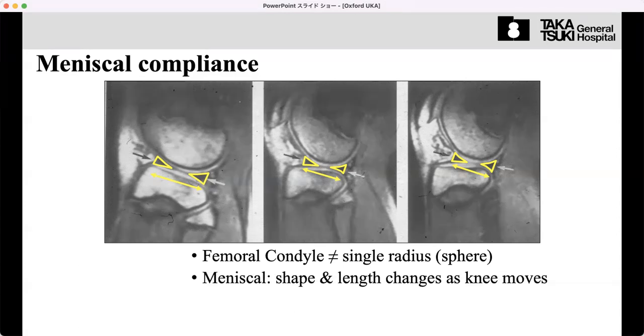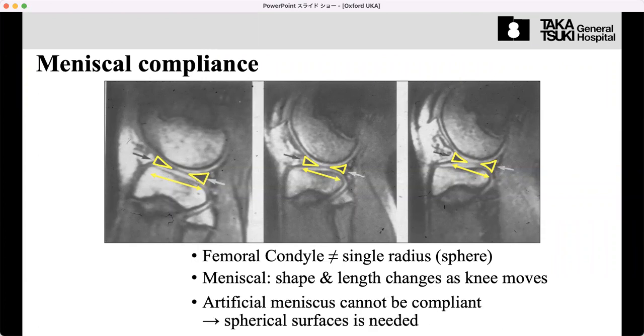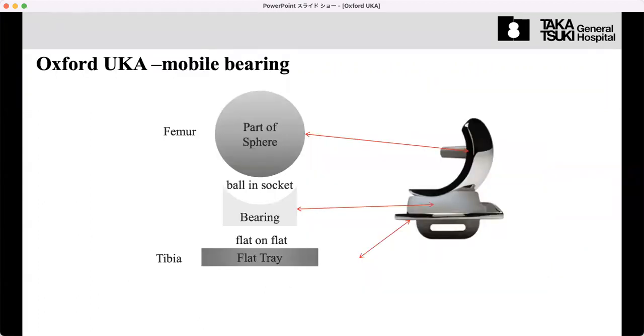Using artificial material, we cannot reproduce this meniscus function so far. So instead of changing the shape of the bearing, in the Oxford the morphology of the femoral component is changed to be a sphere.